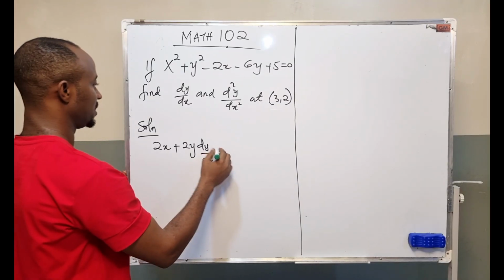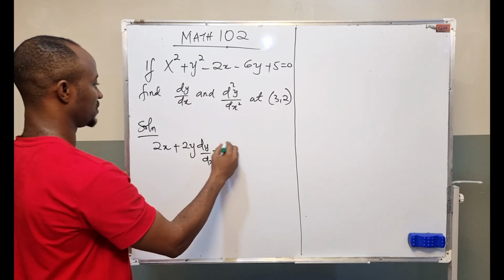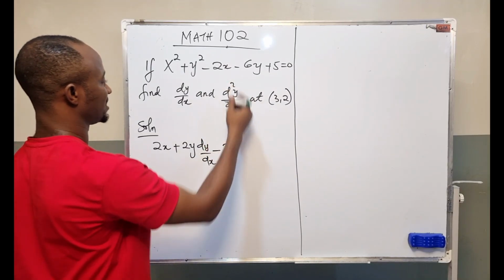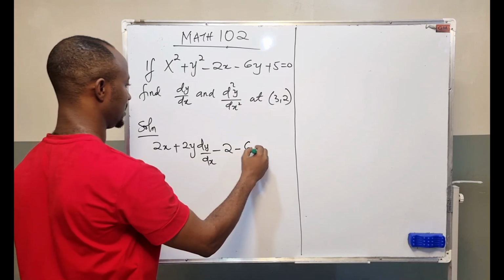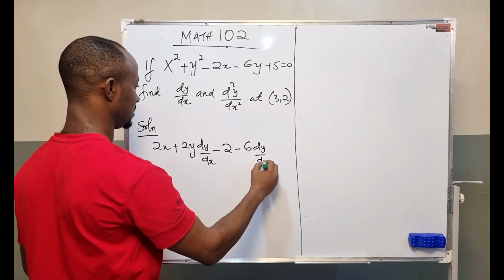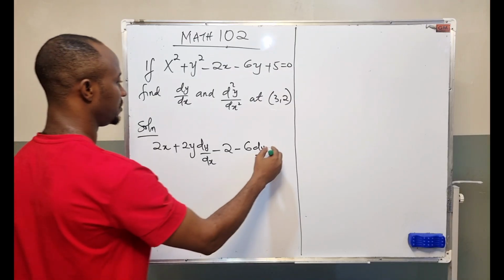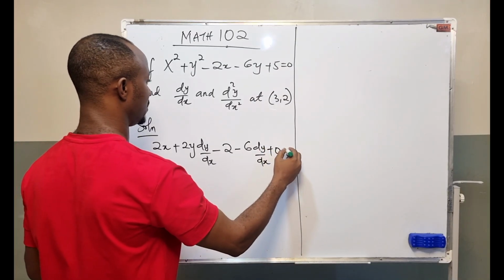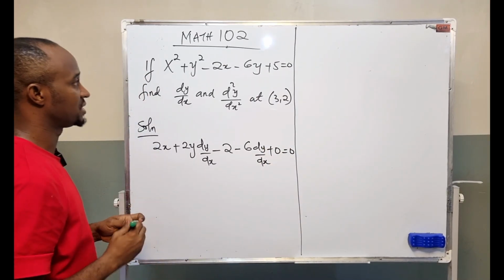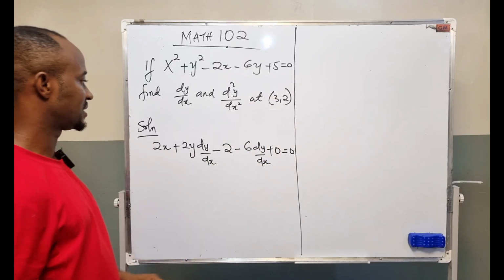So let's go. Differentiating minus 2x will give us minus 2. Differentiating minus 6y will give us minus 6, then I will add the dy/dx to it, plus 0, all equals 0. When you differentiate a constant 5, the answer is 0.